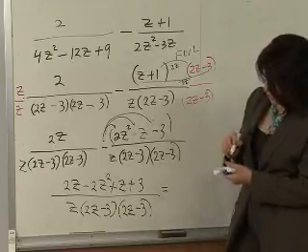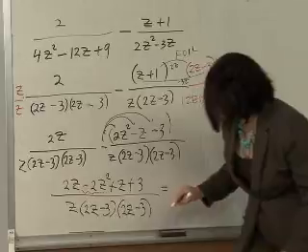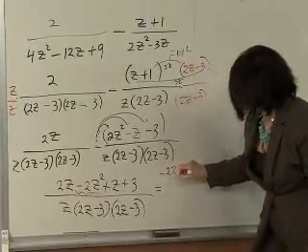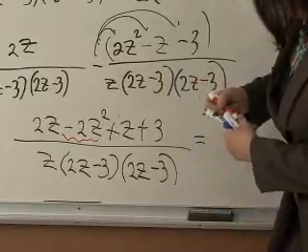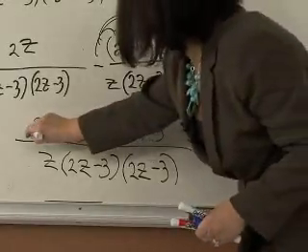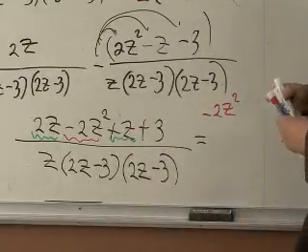Let's combine like terms. I have negative 2z squared right there. So I'm kind of starting with the highest exponent term. And then I have 2z and plus 1z is plus 3z.